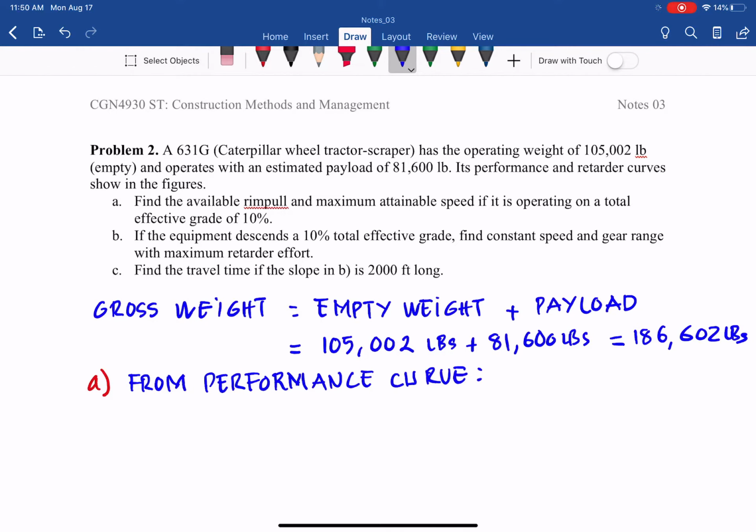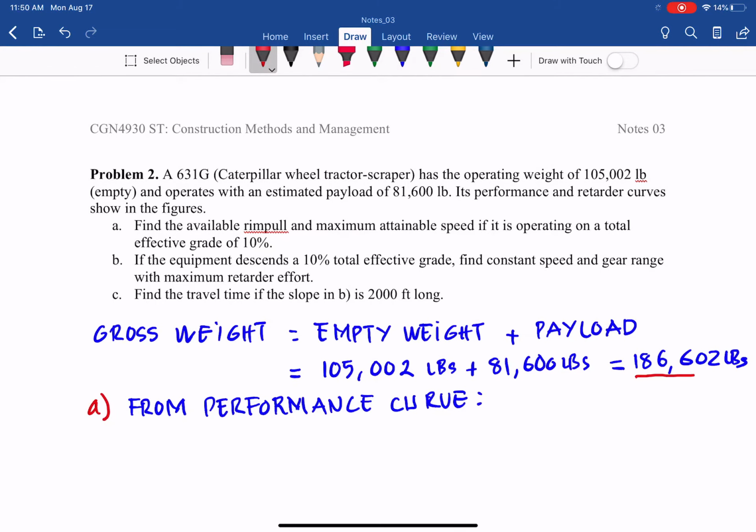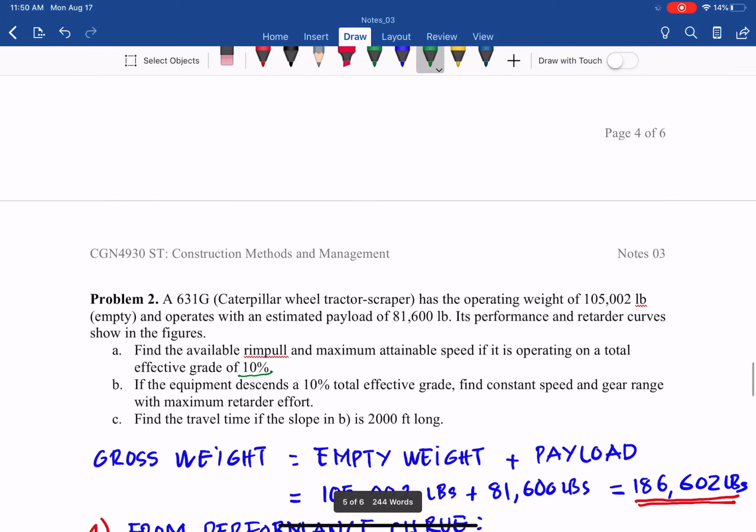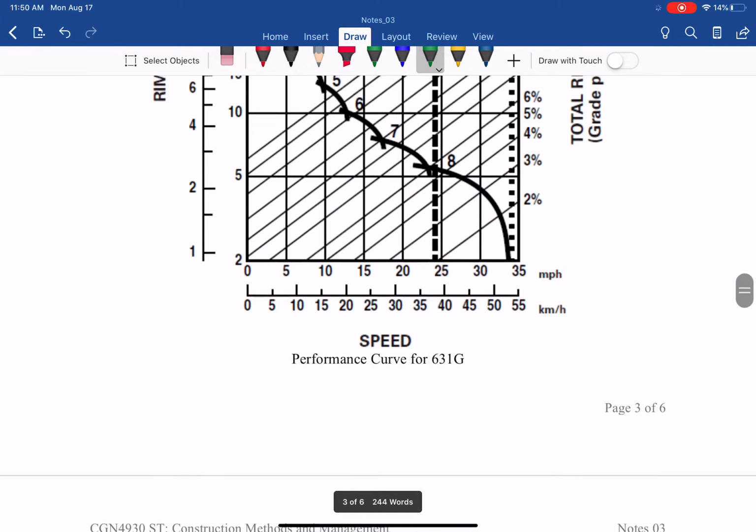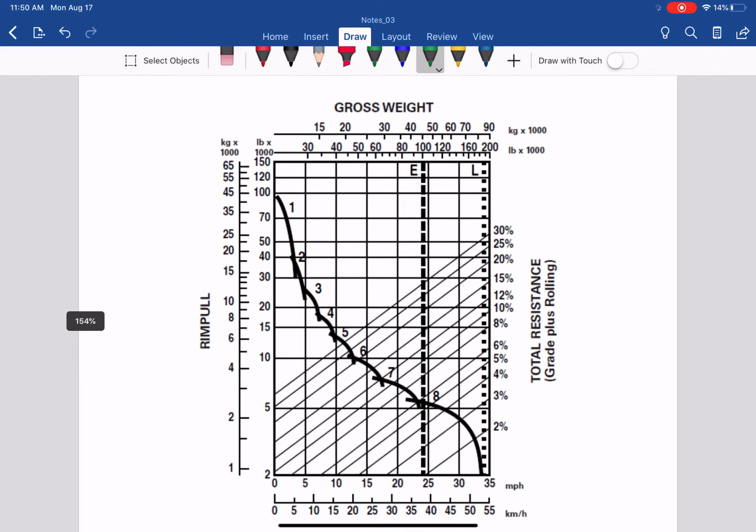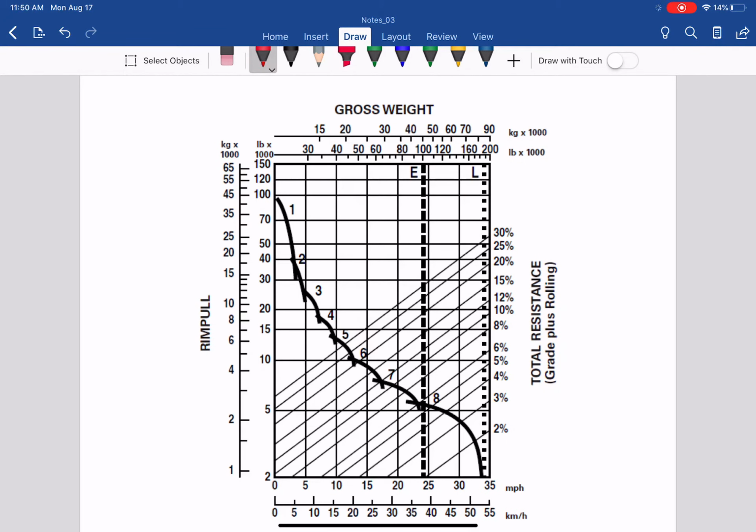How can I use it? So keep that in mind. We have that number, the gross weight, and the effective grade of 10%. So how can I use that to determine the available rim pull and maximum attainable speed? Go to the performance curve. You start with gross weight on top.